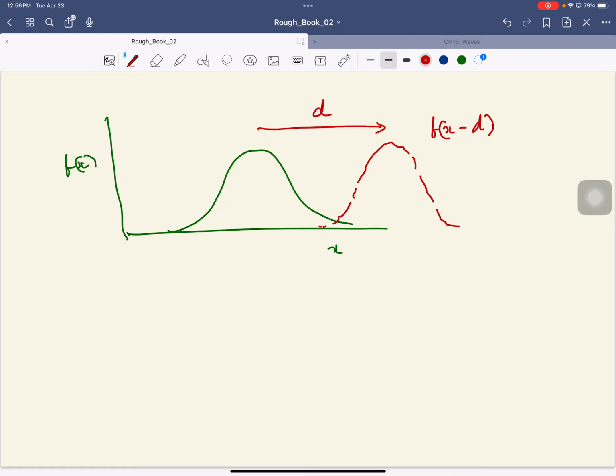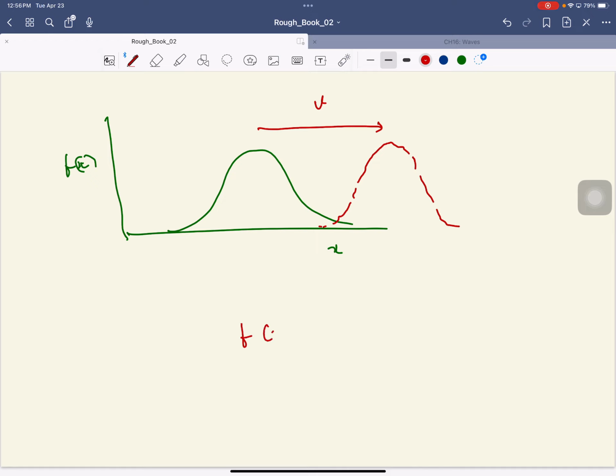Now let's do a little more ambitious stuff. Instead of making a shift, I want it to travel at velocity v. F of x minus vt. There you go, very good.